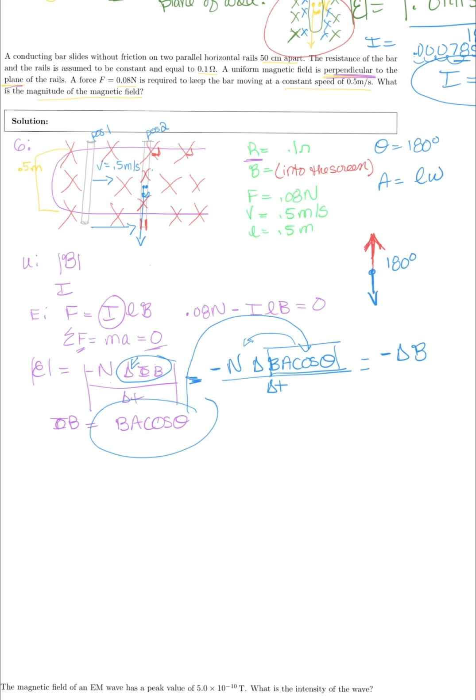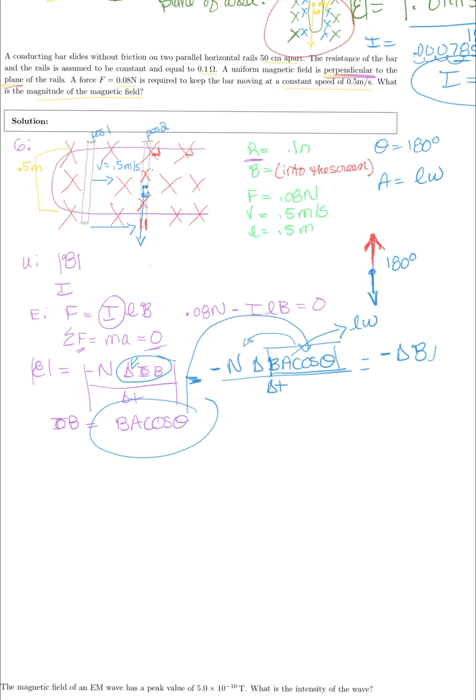Well, our area here, we said is length times width. Is our length changing? Our length here is of our bars. That's not changing, but the width is changing, because as it's going from here to here, there's a change in width constantly.